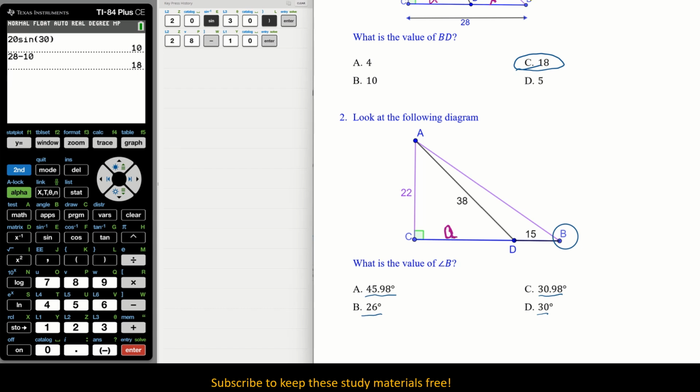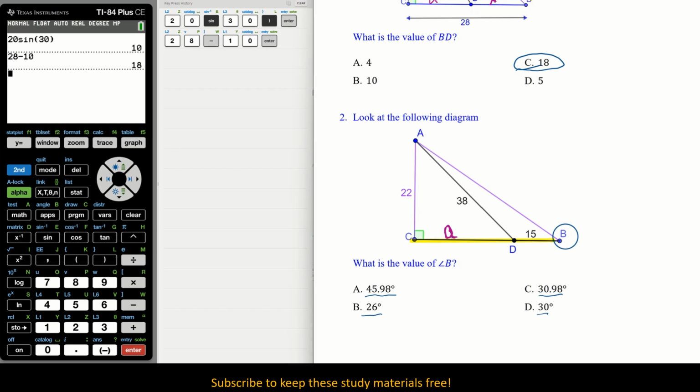If we get A, then we have this entire length. So we can use tangent or inverse tangent to get that angle measure we need. But we need A. Well, that's not a big deal.